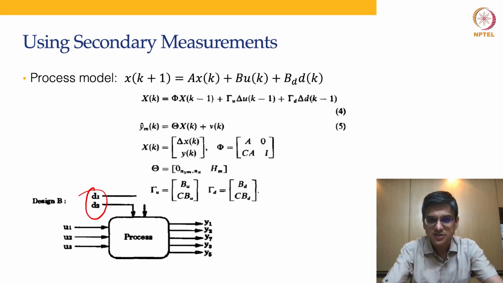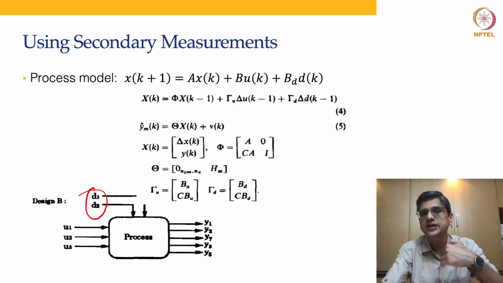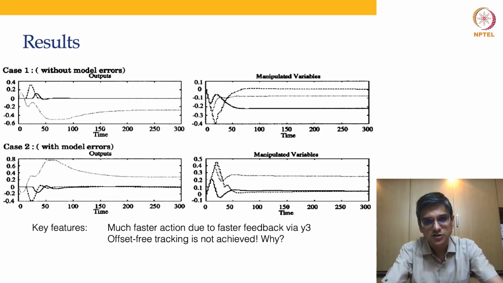Unfortunately, these disturbances were not estimated from y1, y2, y7, y3 and y5 measurements, because the observability requirement was not met. Because the observability requirement was not met, using these disturbances as integrating white noise, although it resulted in a much faster response, you were not able to guarantee offset-free tracking. Okay, so that was the other result that these authors showed.